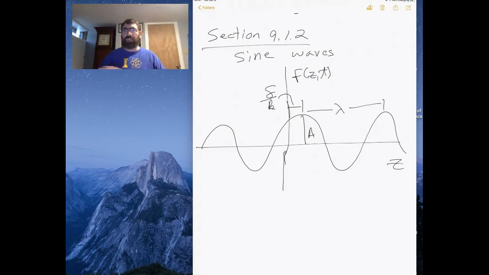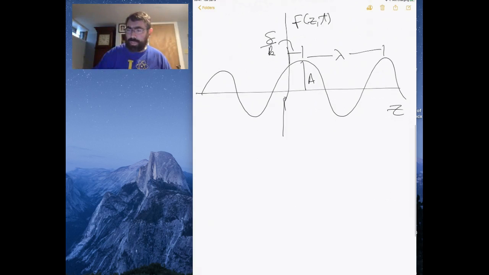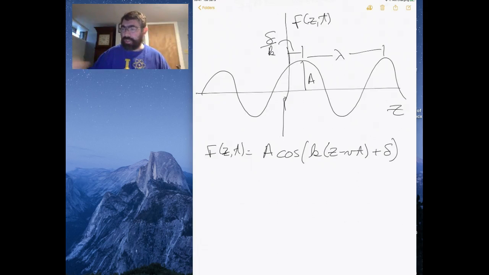That's that distance here. So the mathematical function for this wave is the amplitude times the cosine of k times (z minus vt), that's the position, plus an offset delta.